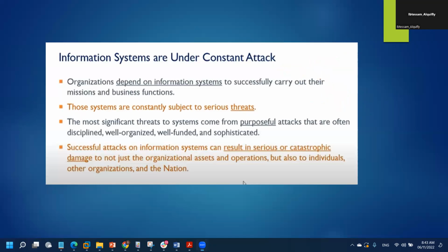This is why it's becoming a really serious threat, because one serious attack, as I mentioned, can stop the entire business. We have seen this in the Colonial Pipeline attack that happened last year in the US.